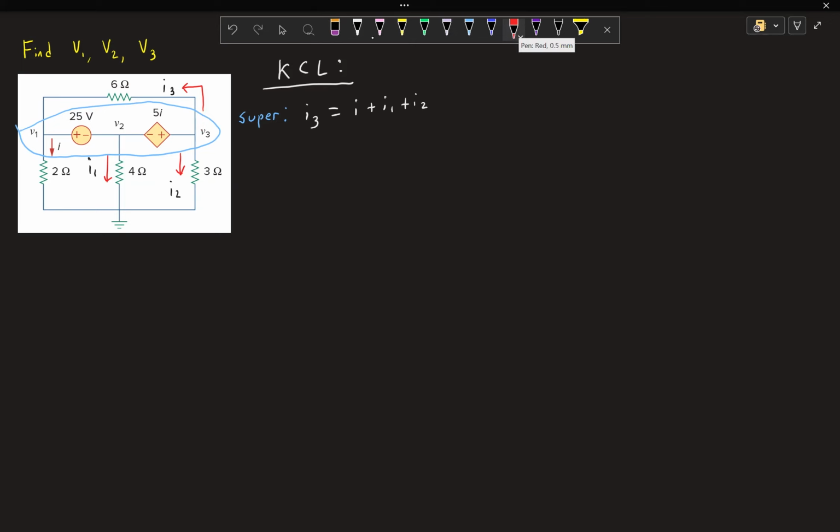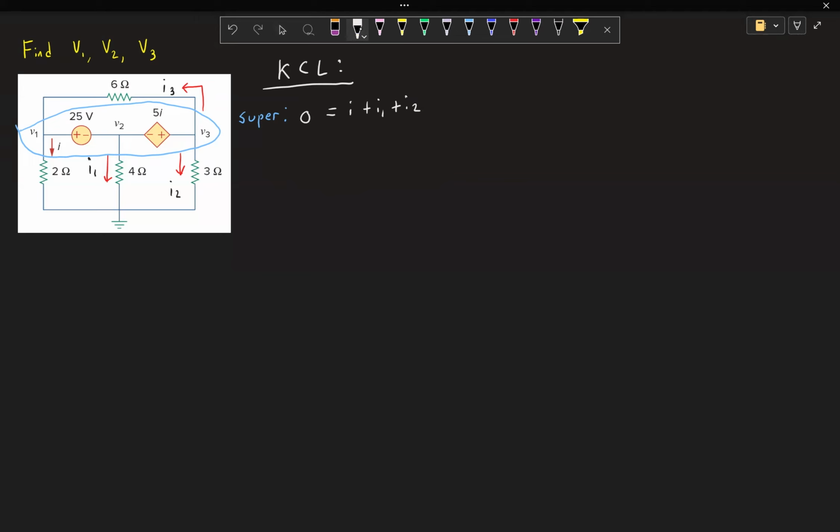So we can include it on both sides, which means it's just going to cancel out. So we can rewrite this equation as 0 equals I plus I1 plus I2. And that's going to be our KCL equation. And you can notice how we don't have any more voltage nodes that aren't already part of the supernode. So that's the only KCL equation we can come up with.